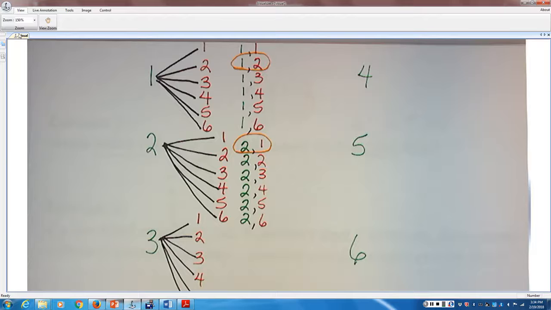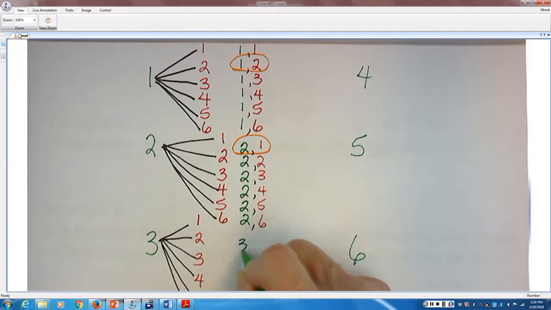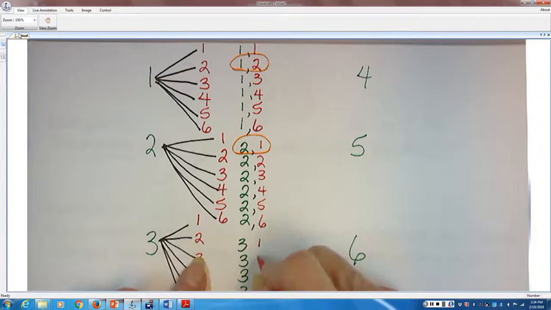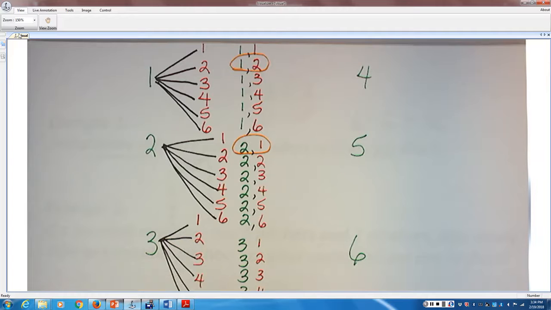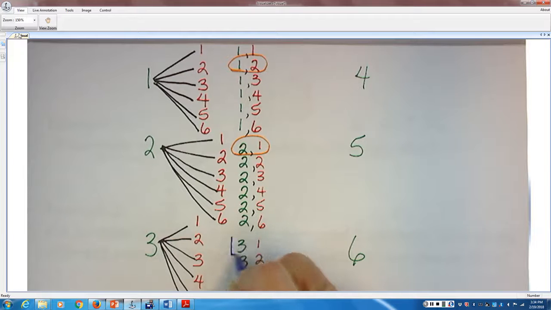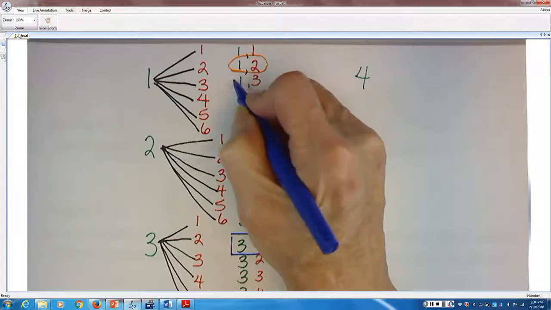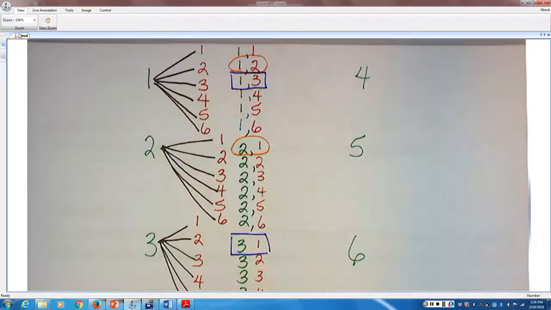The first number in every one of those pairs is 3. But the second one is again 1, 2, 3, 4, 5, 6. And notice here that 3, 1 doesn't look anything like 1, 3.